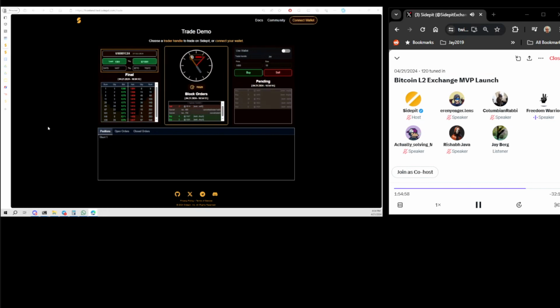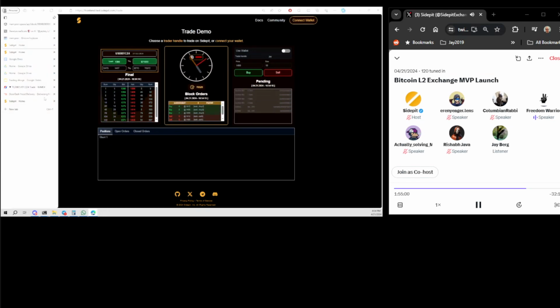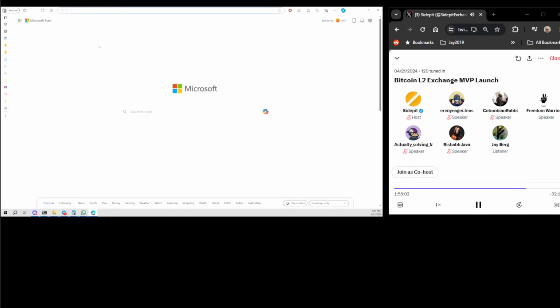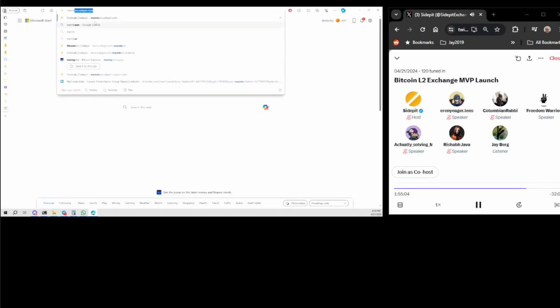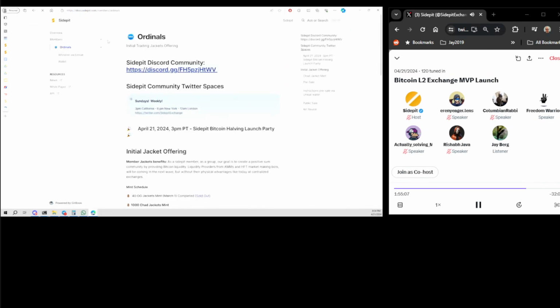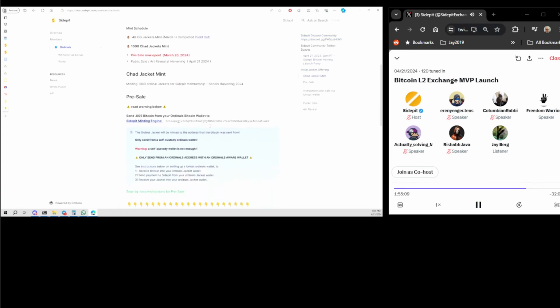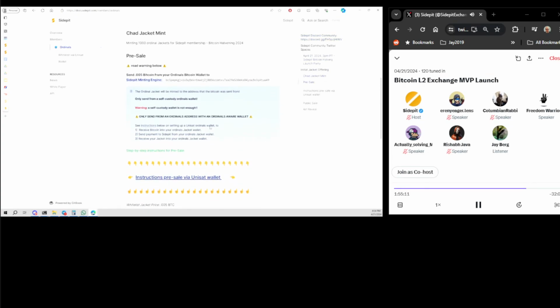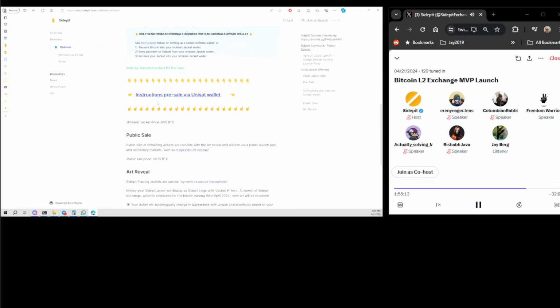Cool. How does one obtain a jacket? I want to get a jacket. How do I get a jacket? Members.sidepit.com. The instructions are a little complicated because for some reason I thought everyone's not smart, but I guess everyone's pretty smart.